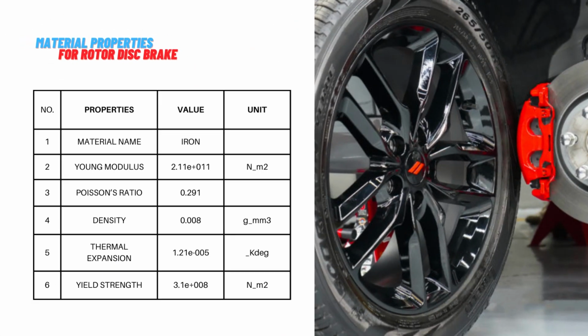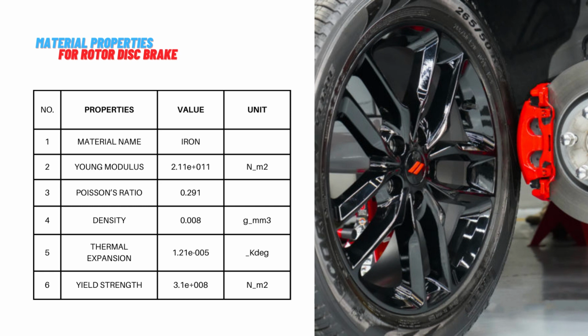And for this slide is the result that we got from the analysis for material properties and others. For Young's modulus, we obtained a value of 2.11 times 10 to the power of 11 Newton per meter squared. And for Poisson ratio is 0.219. The density of the iron that we use for this design is 0.008, and the thermal expansion of it is 1.21 times 10 to the power of -5.